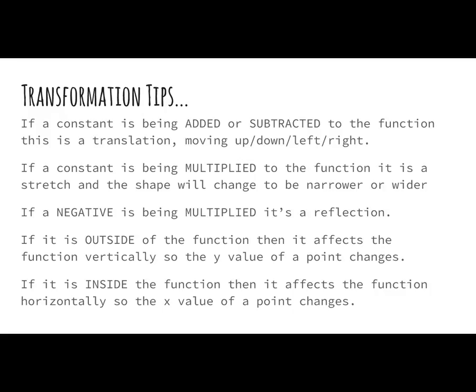If we don't see something happening by the x, if the x is all by itself, then it will affect the y coordinate. And if it is inside the function, it affects the function horizontally, so the x value of the point will change. So if it's happening inside the x, it's going to change that x.